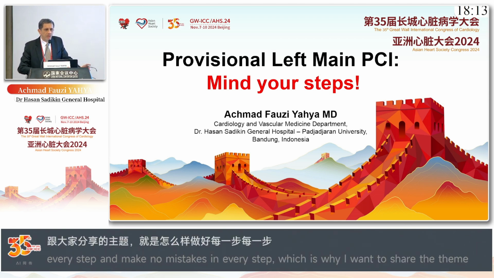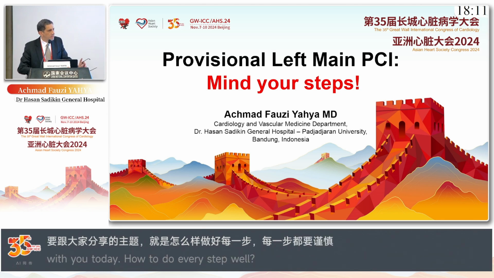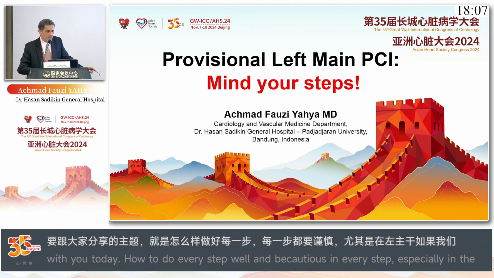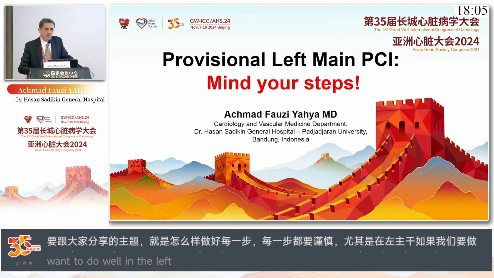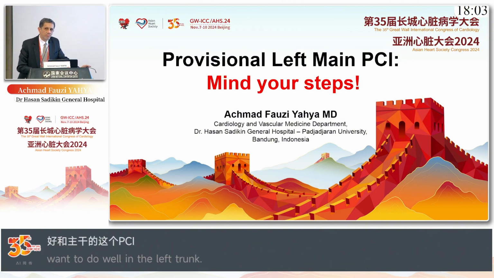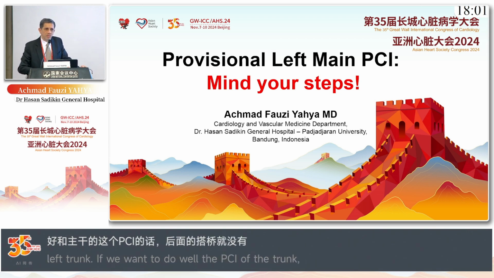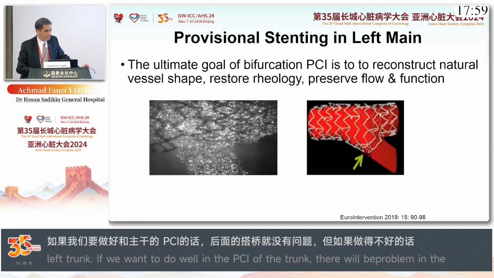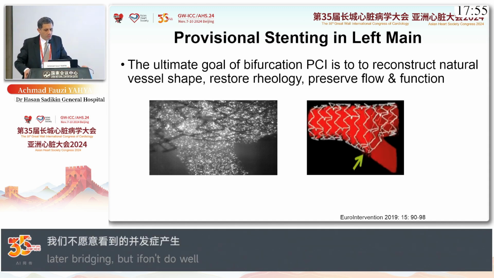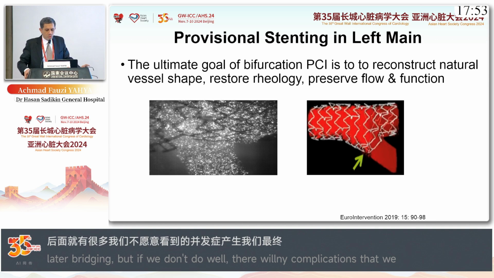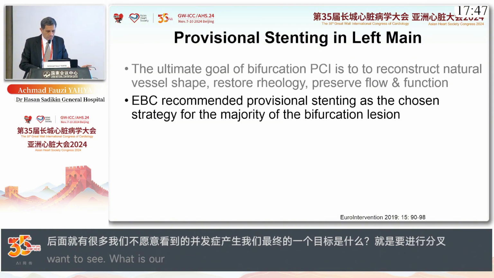In the left main, if we are doing appropriate left main PCI, we can compete with the CABG. But if we are not doing that properly, it's going to be fatal complications. So the ultimate goal of bifurcation PCI is actually to reconstruct natural vessel shape, restore rheology, preserve flow and functions.